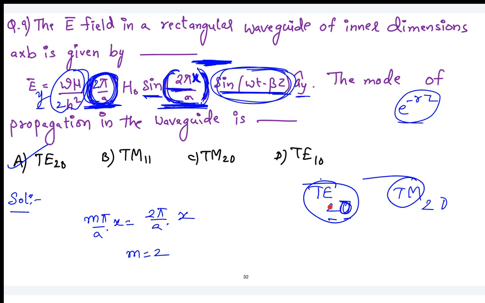But the coefficient I have given here is whatever is in the sine component. If you take anything in the sine component as a multiplier, that will be of the type TE. If you take the multiplier as whatever is in the cosine component, the answer is going to be TM. Okay, let's go to the next question then.